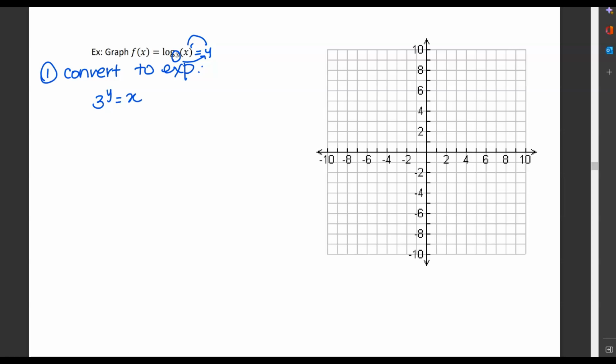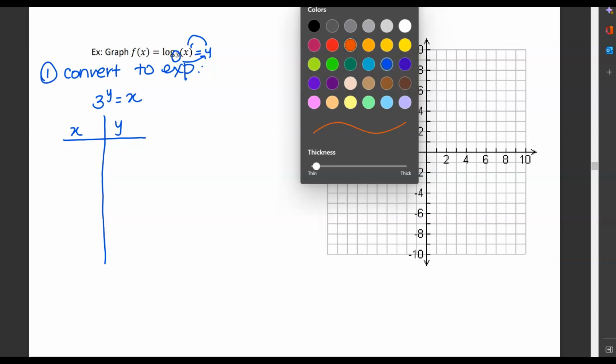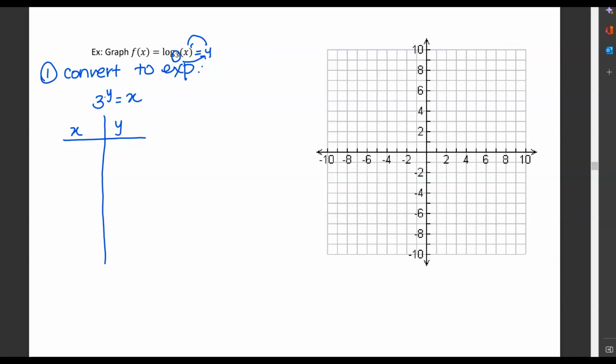Now what we're going to do is plot some points. So here's my x value, and here's my y value. And notice, because we're looking at the inverse, we are going to plot backwards because we are going to treat the y as the input. Okay? So if I plug in -1 here, that's going to give me an x of 1/3.